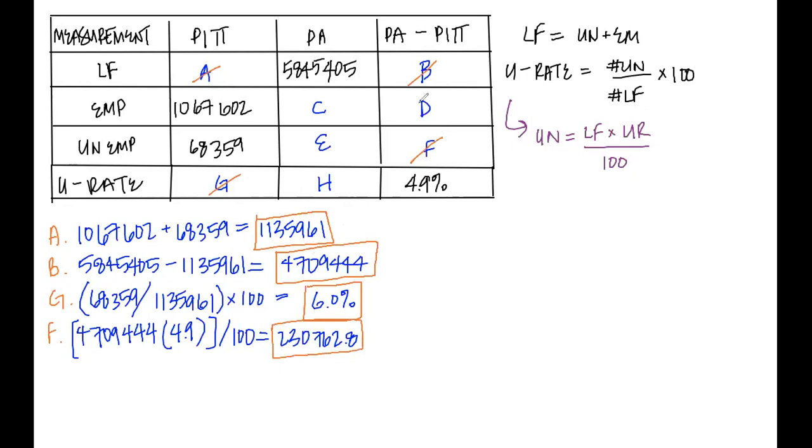So easily the next thing to solve for is D, since that's the only thing left in this third column. We can solve for employment by subtracting unemployment from the labor force. So the labor force, which is B, would be 4,709,444 minus unemployment, which we just solved for, which was 230,762.8.